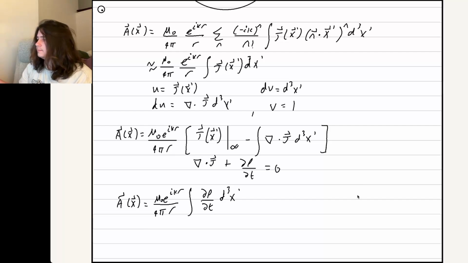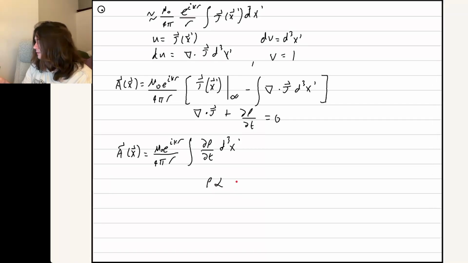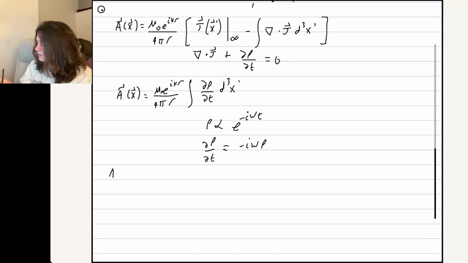You can assume that the charge density is harmonic, that is, proportional to some constants times e to the minus i omega t. So the time derivative is just minus i omega times itself. Nothing too crazy there.